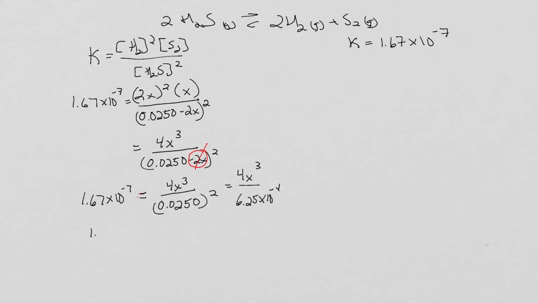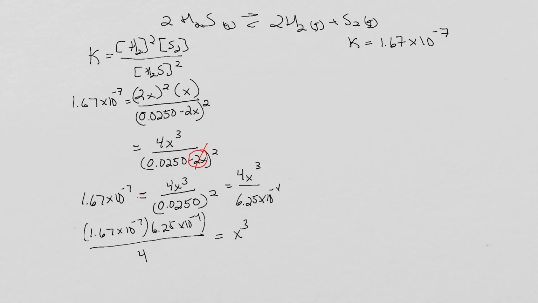So let's do 1.67 times 10 to the minus 7 times 6.25 times 10 to the minus 4, all divided by 4, equals x cubed. Okay. So I brought the 6.25 times 10 to the negative 4 over to the left side.